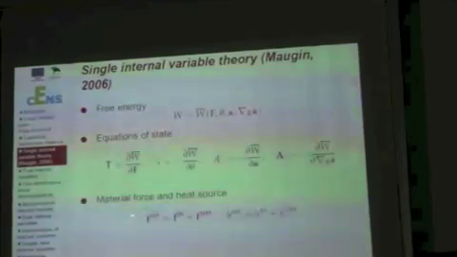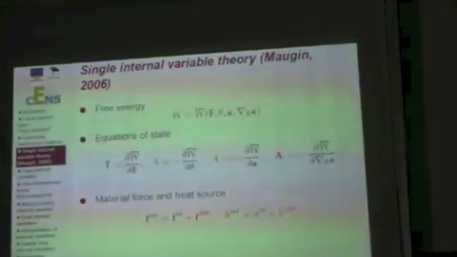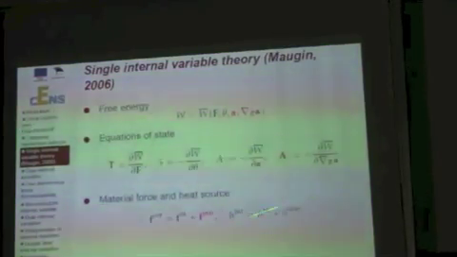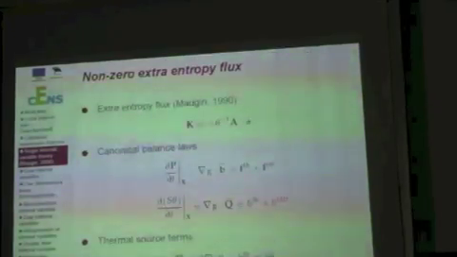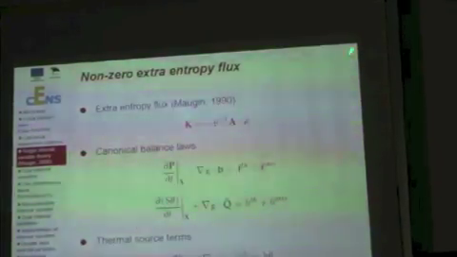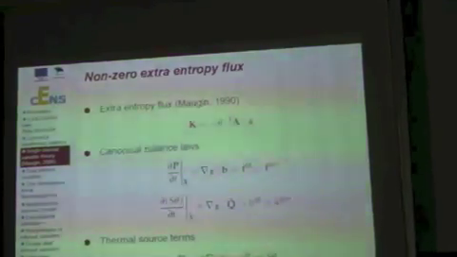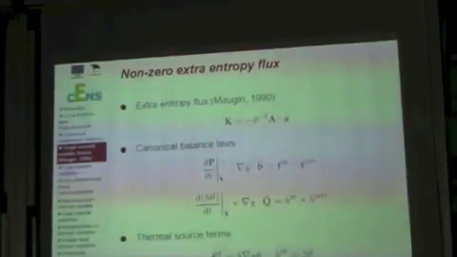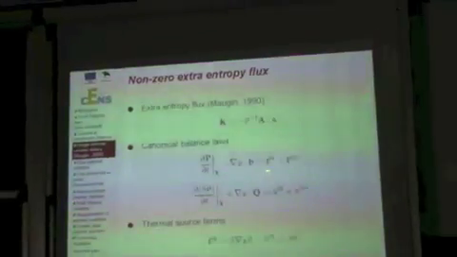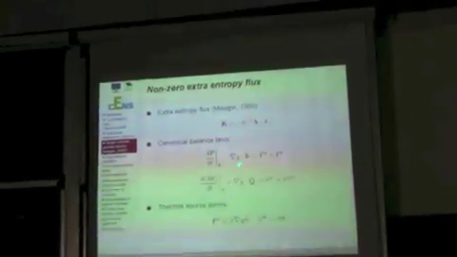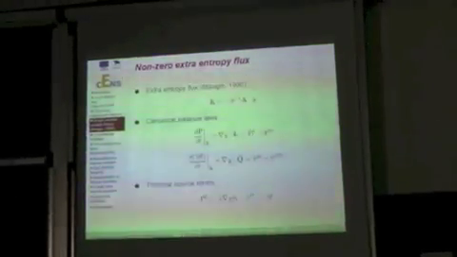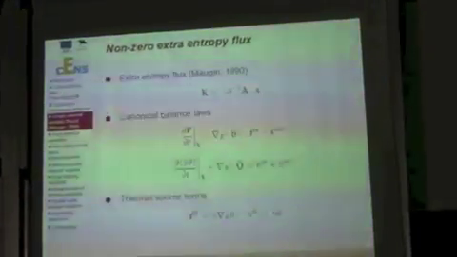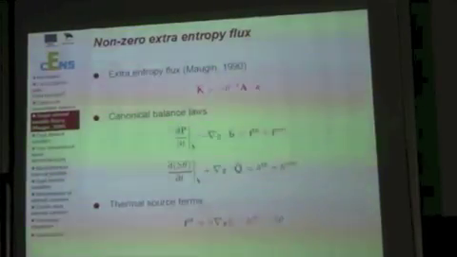The material force and heat source in this case may be divided into a thermal part and an intrinsic part in both cases. We apply the proposal of Gerard Maugin for the extra entropy flux in this form, and the canonical balance laws change slightly, because we need to modify the Eshelby tensor and material heat flux, and also calculate these intrinsic forces and intrinsic heat source.